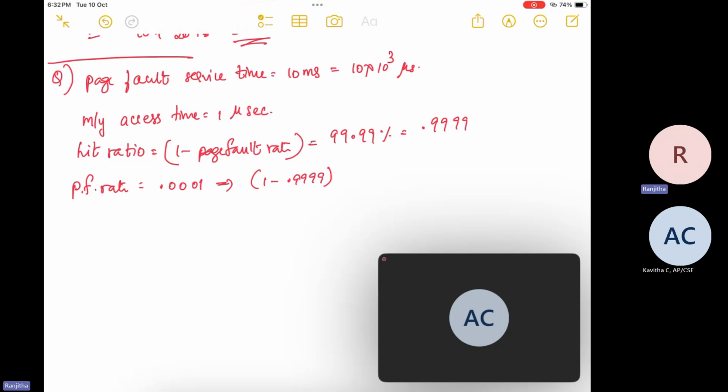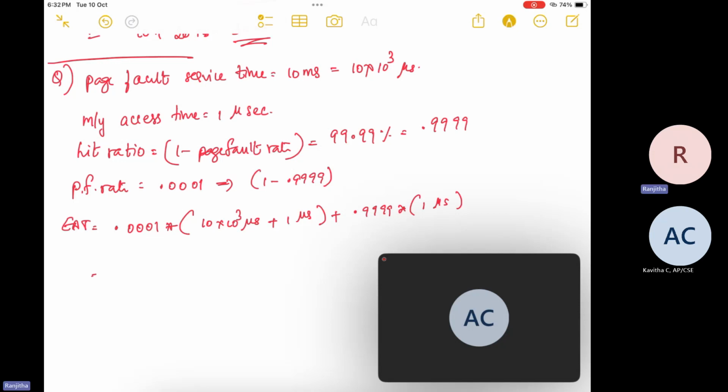So now effective access time: page fault rate is 0.0001 into page fault service time, which is 10 into 10 power 3 microseconds, plus memory access time, which is 1 microsecond, plus page hit rate, that is 1 minus page fault rate, which is 0.9999 into 1 microsecond.